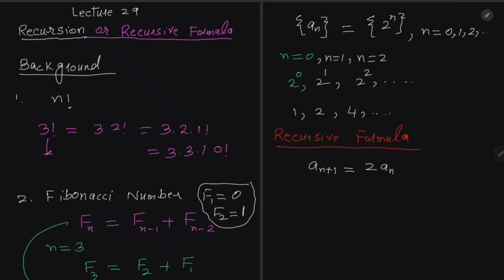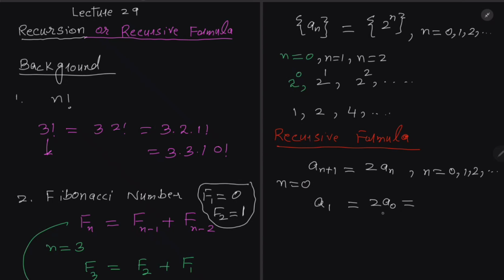If we define n equal to 0, 1, 2, and so on, then you can see that when n is 0, we have a1 equal to 2a0.